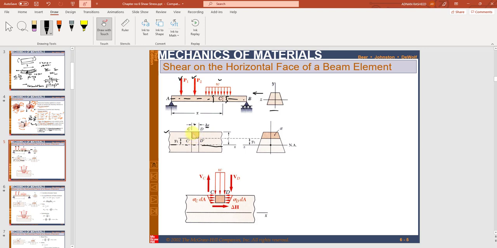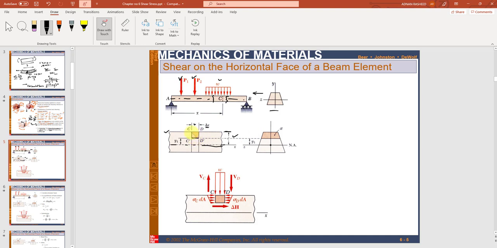So the lower face of this portion is at a distance of y1 from the neutral axis, and similarly the outermost surface or CD face is at a distance of C from the neutral axis, because C is the maximum distance from the neutral axis to the outermost surface. Clear? So we will find out the horizontal shear force.